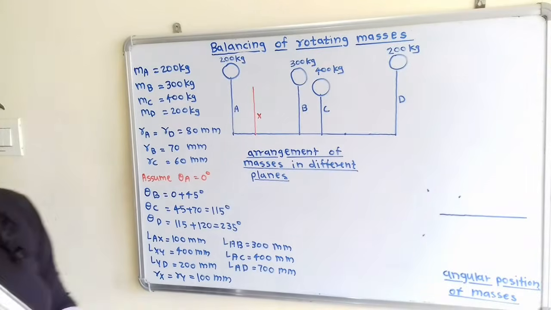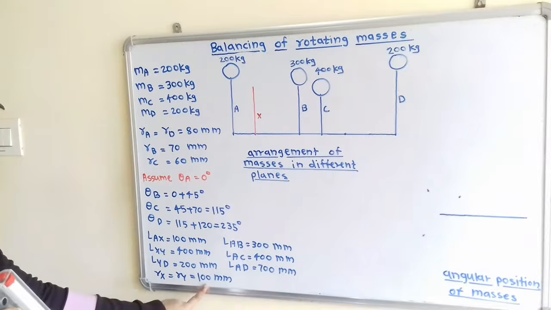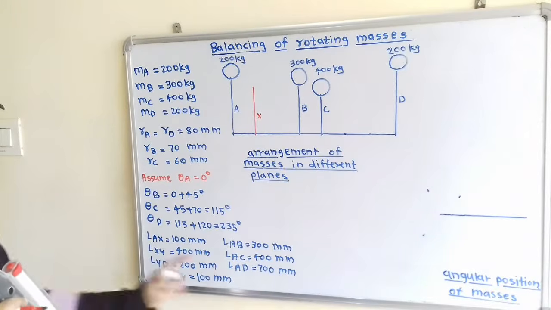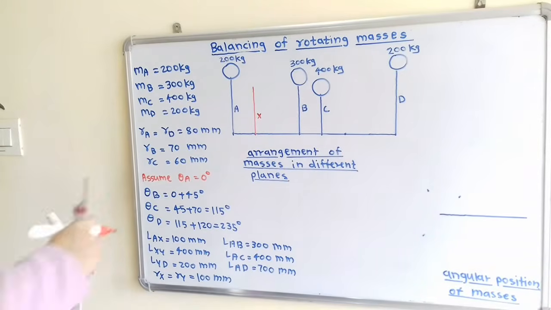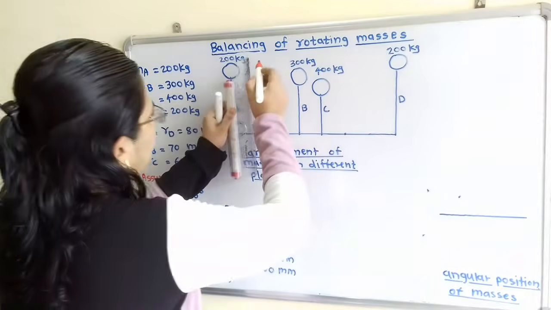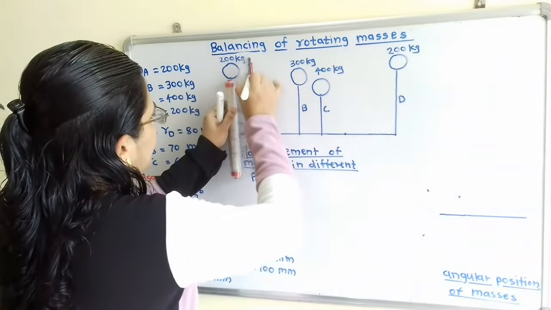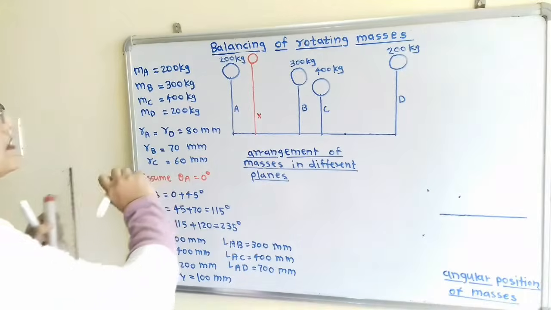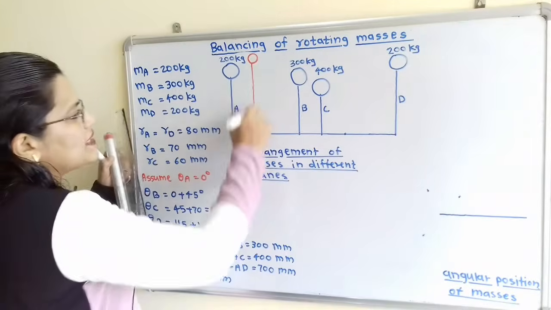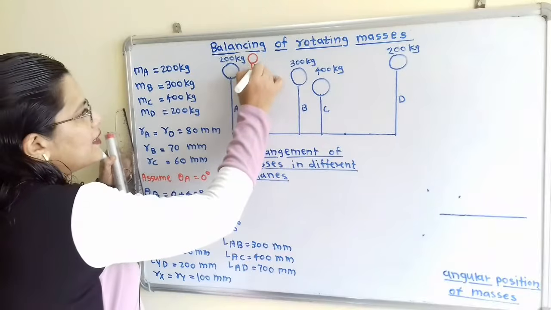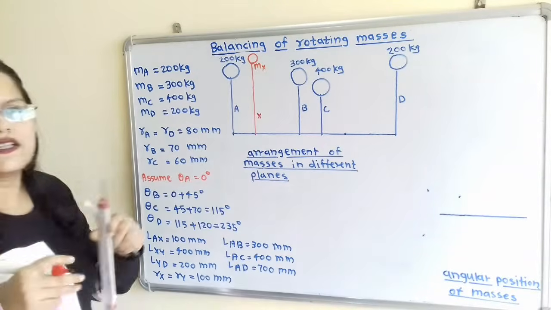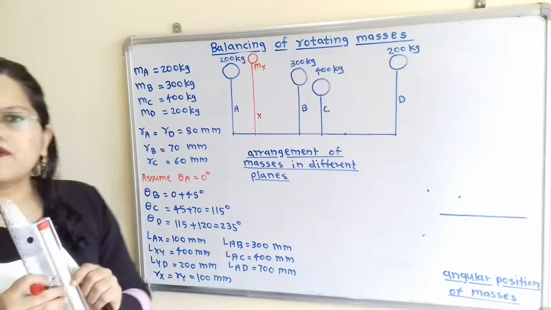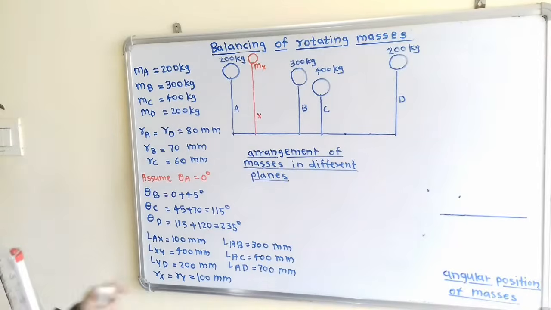Radius of rotation for X is provided, and that is equal to 100 millimeter. So for 100 millimeter we have to take 10 centimeter distance, and here we have to show the mass. Now this is the balancing mass, so it is at plane X, so we will say that m_x. Now this is unknown and we have to find out. Then in the same way, Lxy is also given.